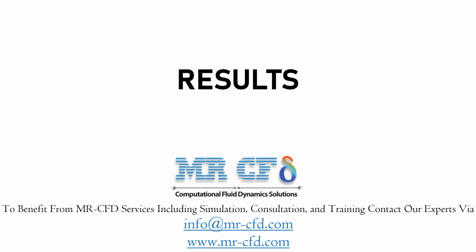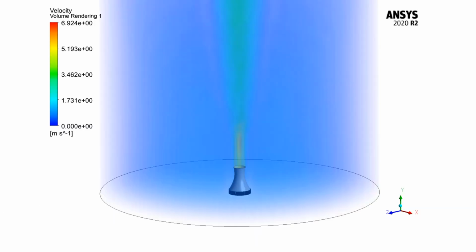Now in this part, we have extracted 3D and 2D contours by means of CFD Post software. In this 3D contour, which is related to the velocity, you can easily see the airflow exiting our Heller construction with a higher velocity compared to the airflow in the ambient region.